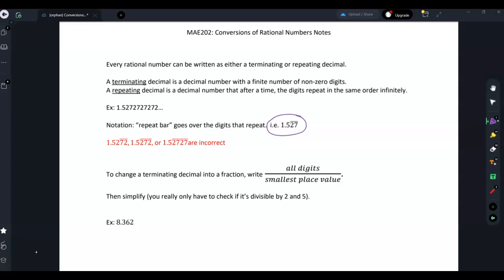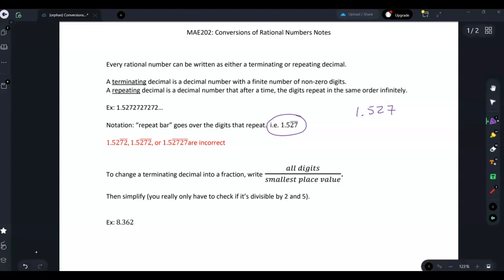So you wouldn't say that, like we've emphasized before, if you had a decimal like this, you should say it as 1 and 527 thousandths. But if you've got a repeat bar over it, you wouldn't say it that way. You wouldn't say it as 1 and 527 thousandths repeating. You would just say 1.527 repeating.